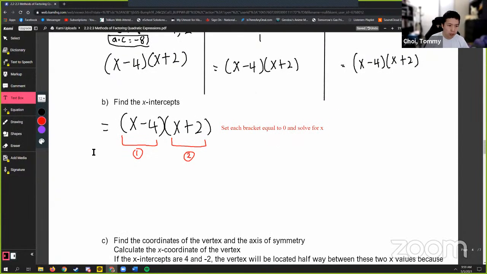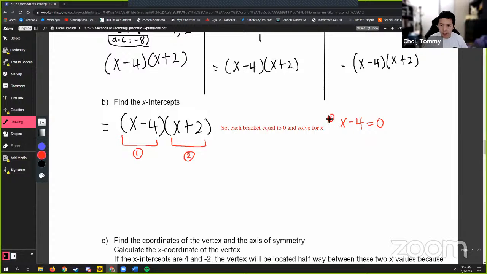So for bracket 1, we're going to say x minus 4 is equal to 0. That's bracket 1. We solve for x, which gives me x equals 4. Pretty easy math, right? And then for bracket 2, x plus 2 equals 0, and that's going to be x equals -2.